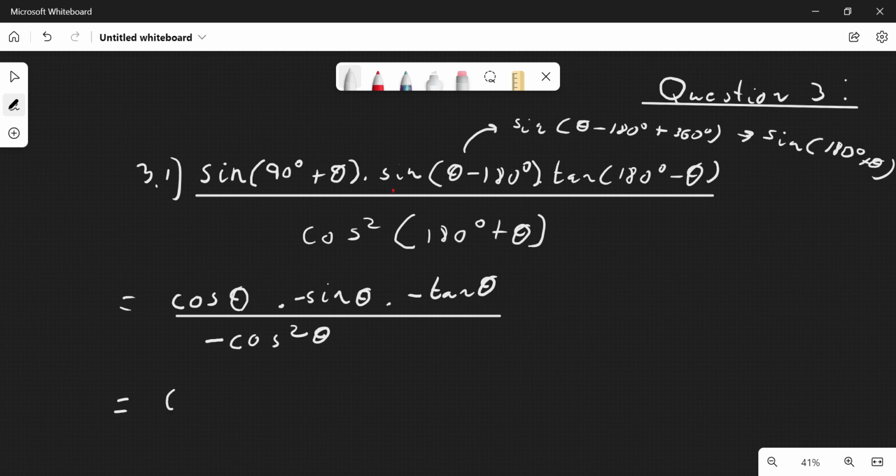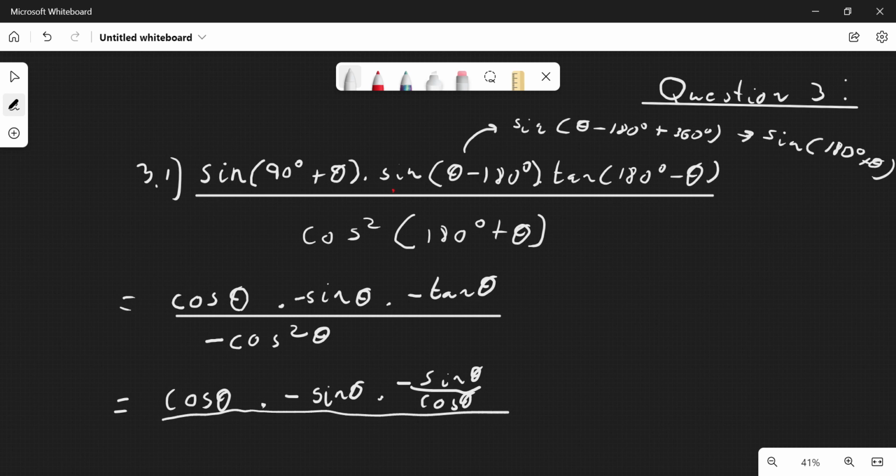Now let's solve this. We have cos theta times negative sine theta times negative sine theta over cos theta, that's my identity, and this is all over negative cos squared theta.